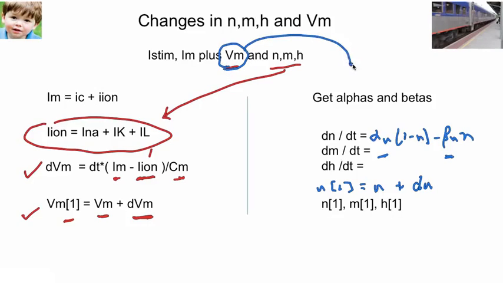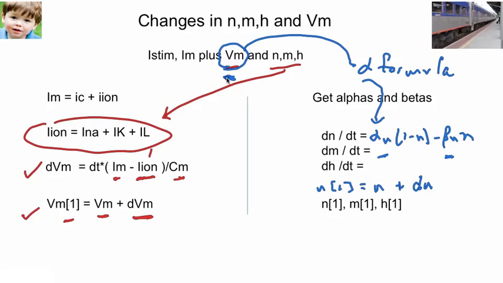And Vm goes over here into the alpha formula. We were discussing that above. And then the alpha formula, the result comes down here to the value of alpha that's used for dn/dt.